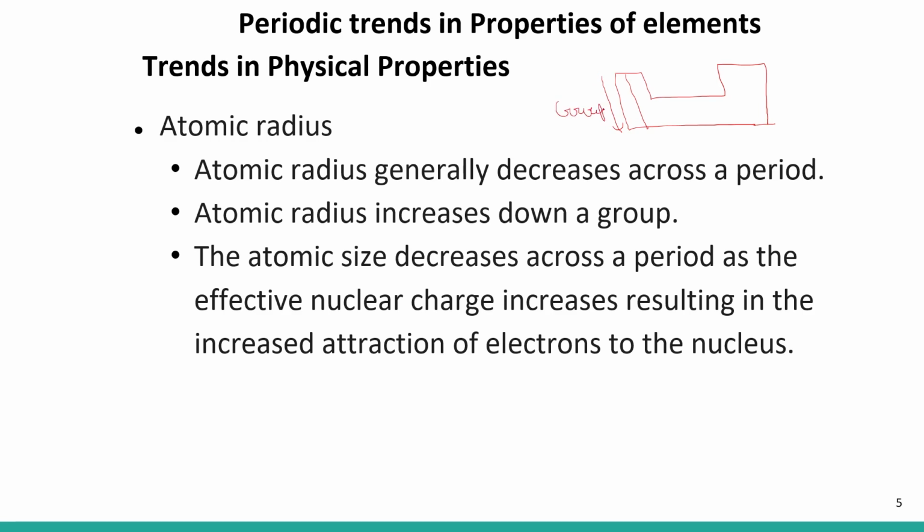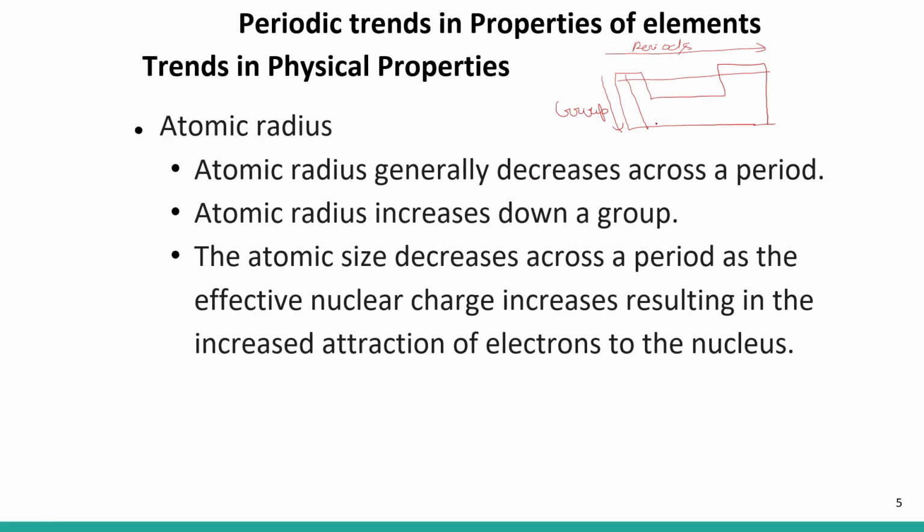You have studied about it in the previous lecture; I am just giving a reminder. And if we move across a row, suppose this is the first row, we call it a period. Now what is the trend for atomic radii across groups and periods? If we move across a period, then the atomic radii decreases.